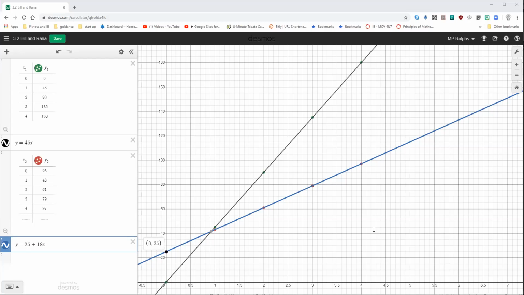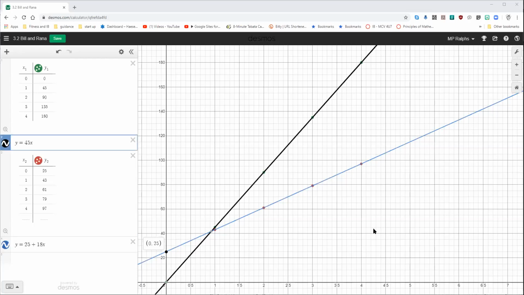Okay, so when the number of hours is 0, that's the x value. The y value, or the charge, is not 0, it's 25. Okay, so that matches with the table of values of 0, 25. So the graph of Bill's repair service is not going through the origin. Okay, so it has a y value, or an initial value, that's not 0.